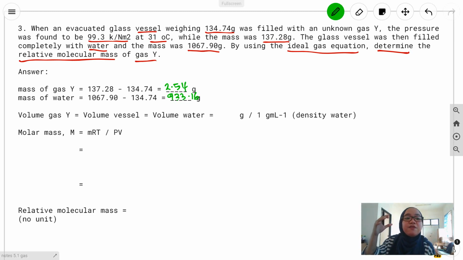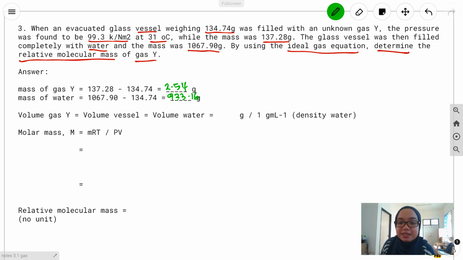Okay, so the volume of gas is equal to the volume of vessel and equal to the volume of water, since water fills up all the space inside the vessel. So the volume of water is equal to mass divided by density. The density of water is 1 gram per ml.